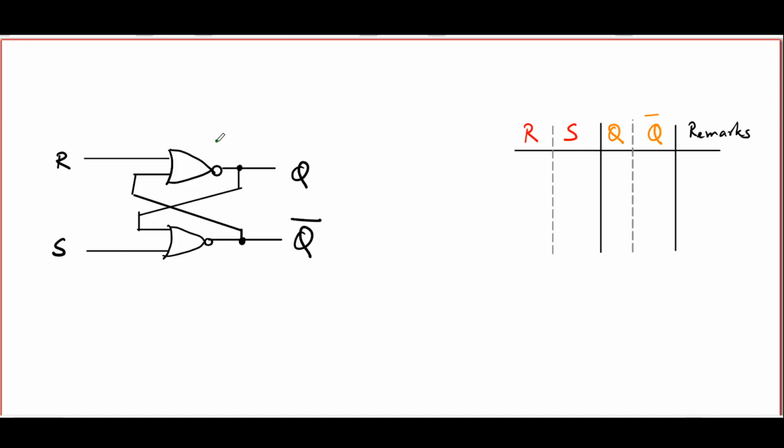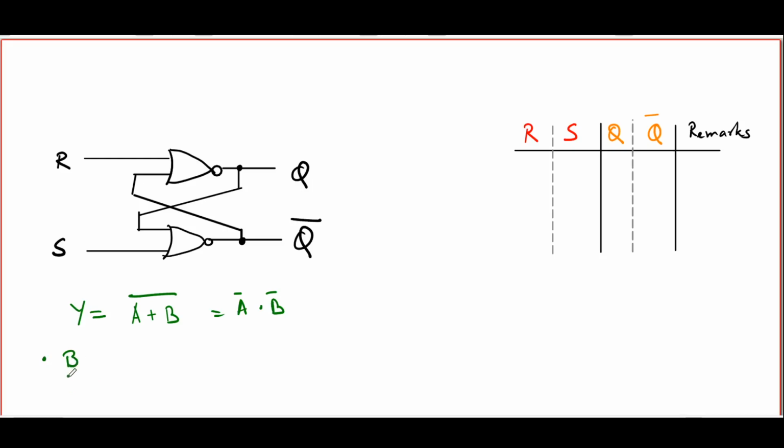In order to understand the mode of operation of this NOR-based RS latch, let us first recall a few important properties of a NOR gate. Remember, the NOR gate produces an output Y given inputs A and B, which is given by (A or B) complemented. That is, A naught and B naught. Now, one immediate consequence of this is the following.